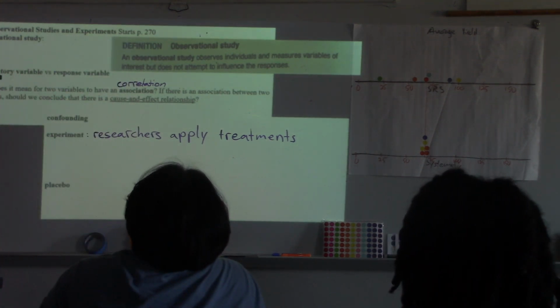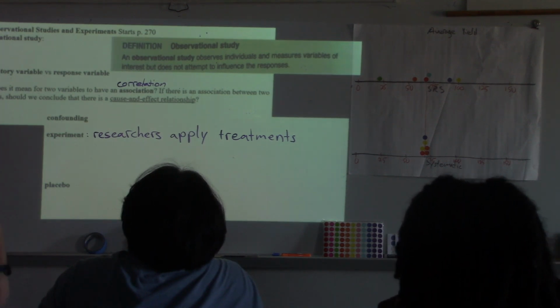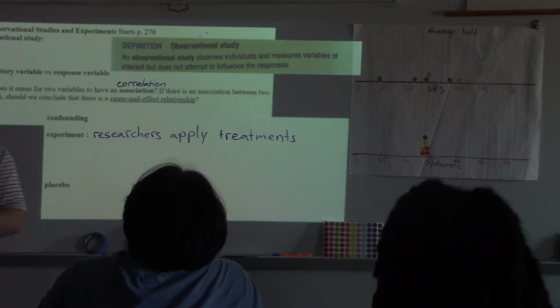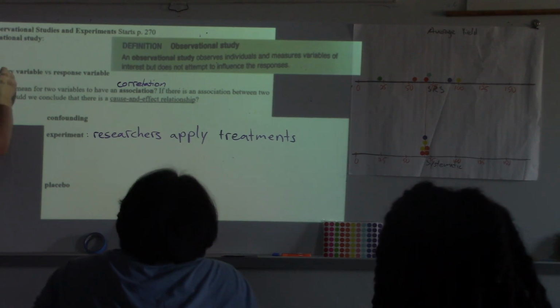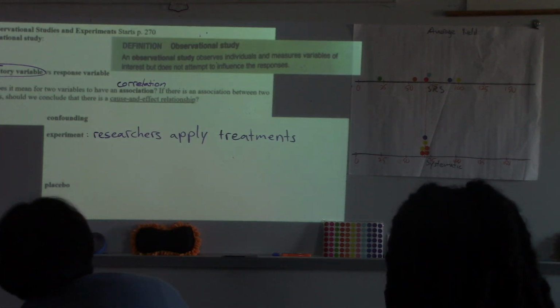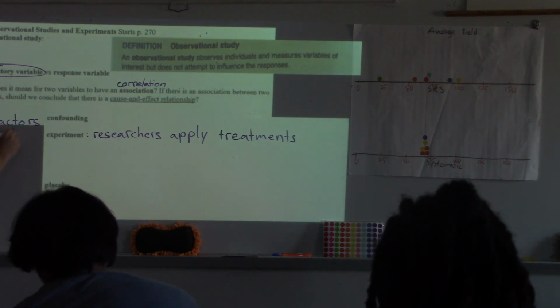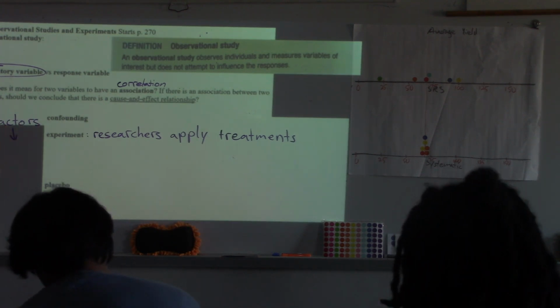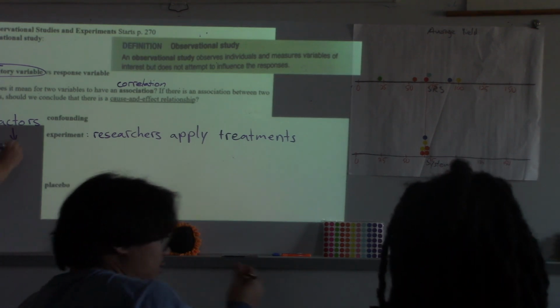Now you said an E word earlier. Is something a type of variable? Explanatory variable. Your treatments are different combinations, right? So your explanatory variables are also called factors. Factors can have levels.